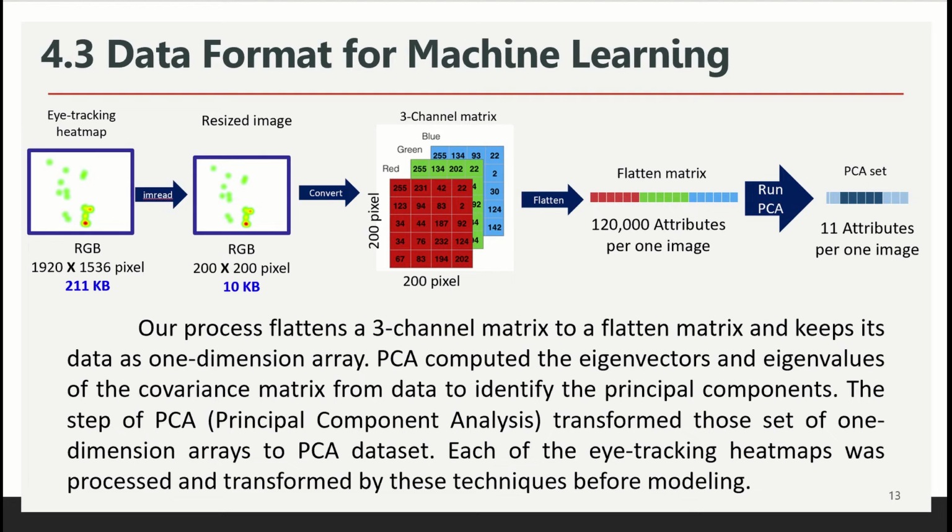PCA computes the eigenvectors and eigenvalues of the covariance matrix from the data to identify the principal components. The PCA step transforms those one-dimension arrays into PCA datasets. Each eye tracking heat map was processed and transformed by these techniques before modeling.